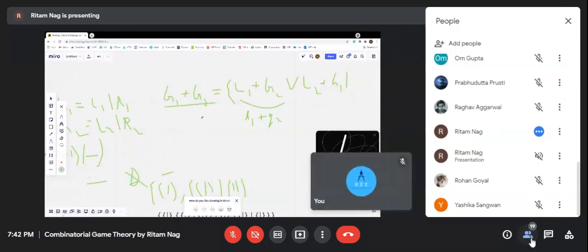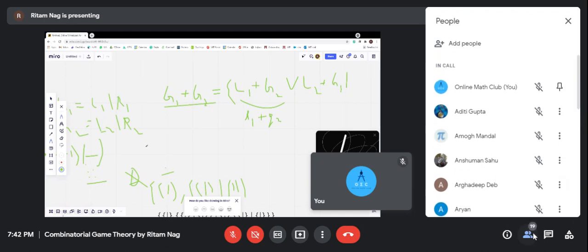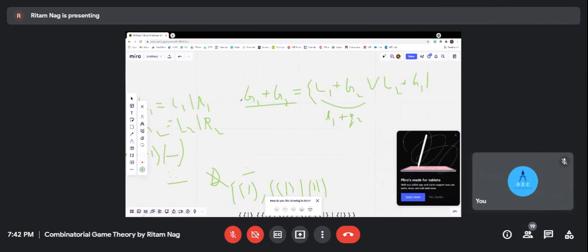So once you've defined the definition, another thing you need to see is that this definition is commutative and associative, which is sort of easy to see. I'll skip that. So any game plus 0 is the game itself. 0 is an additive identity.